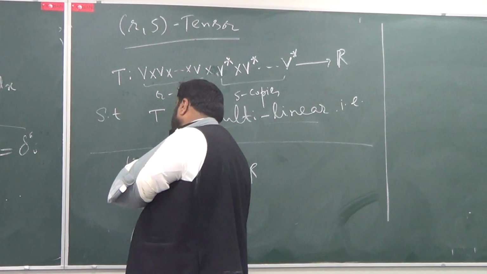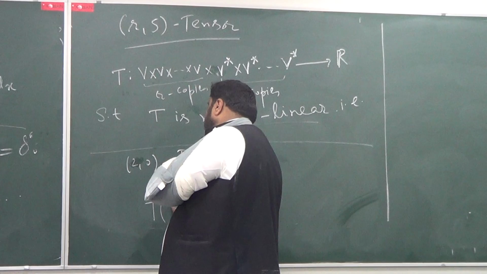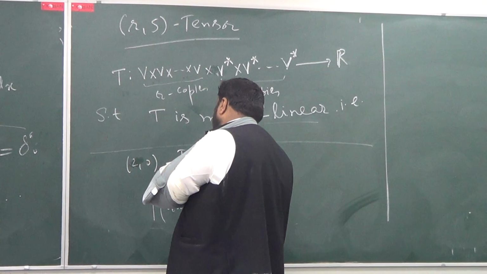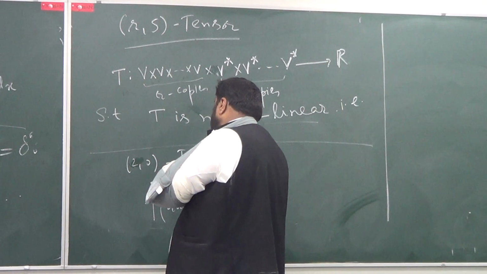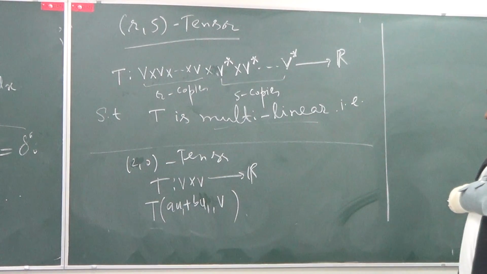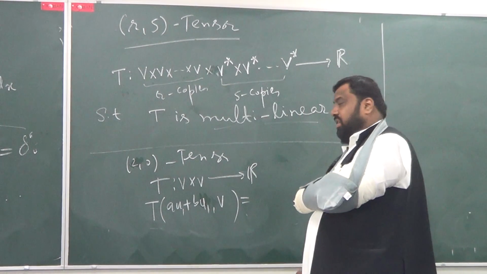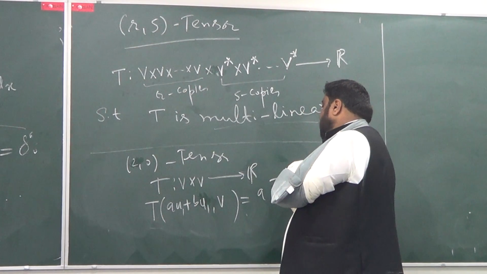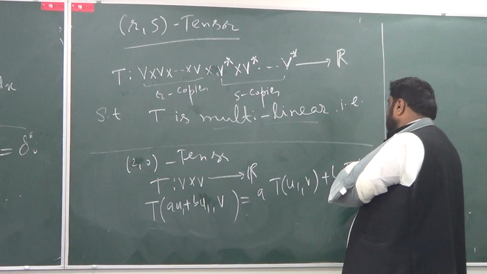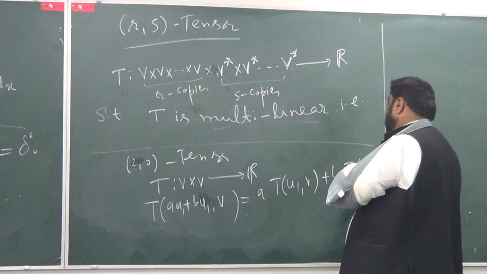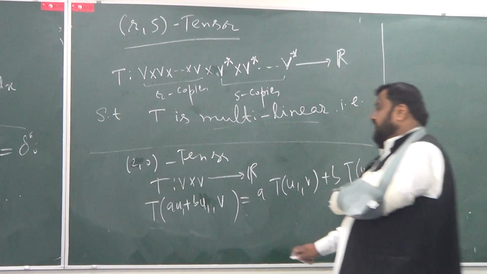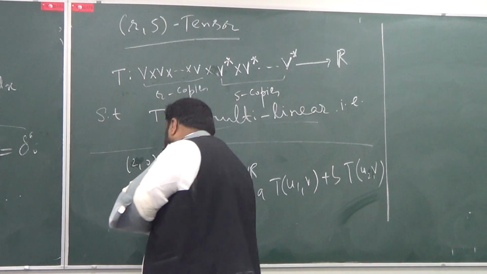So if you take aU1 plus bU1', and you put a V here, then it should be the same as a T(U1, V) plus b T(U1', V). So it's linear in the first component, and it should be linear in the second component as well.